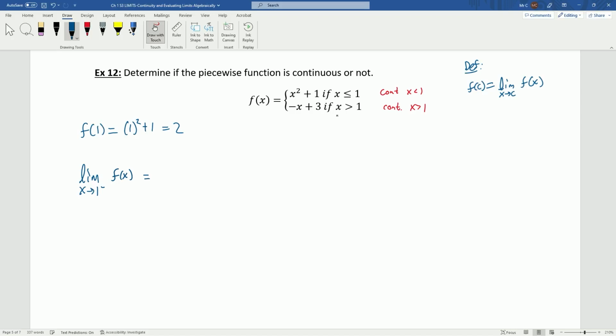Since I'm to the left of 1, that's smaller than 1, this is the same thing as the limit as x approaches 1 from the left of x squared plus 1. And when x approaches 1, I get 1 squared plus 1. That's 2. Now when I take the limit as x approaches 1 from the right, I've got, well, I should say of f of x.